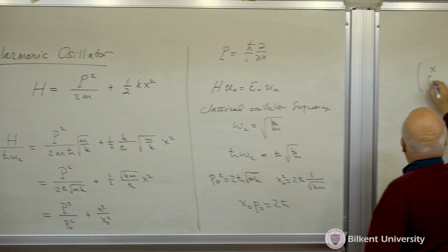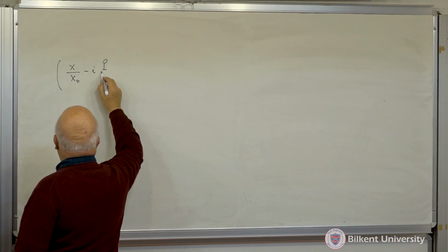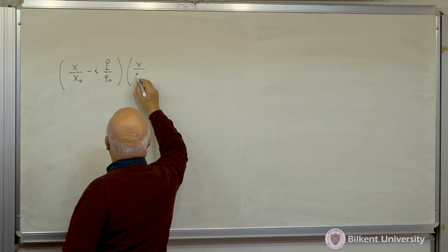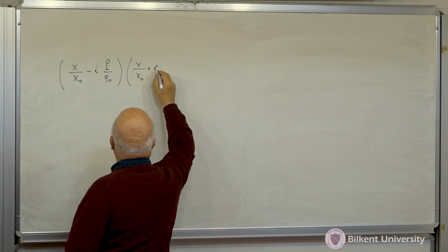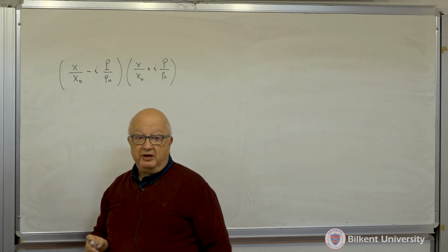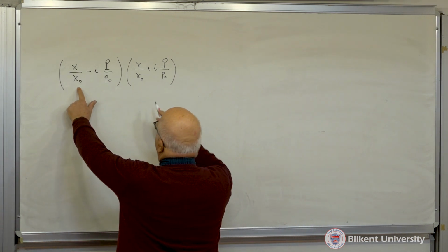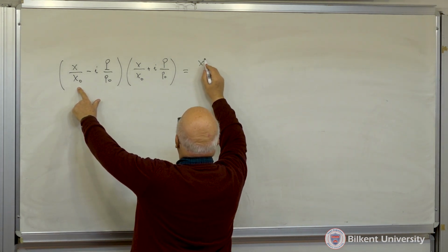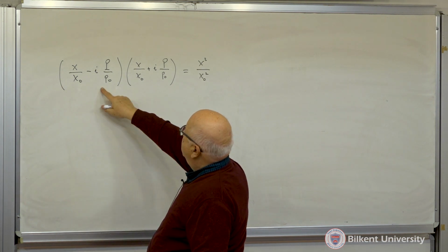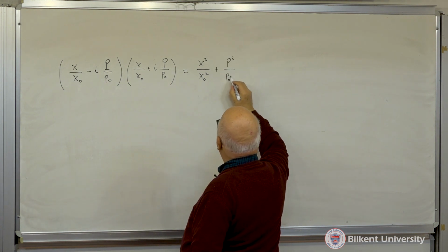But if I write this as x over x0 minus i p over p0, multiplied by x over x0 plus i p over p0, what does that give me? It gives me x squared over x0 squared. That's nice, that's what I want. Then I get plus p squared over p0 squared.